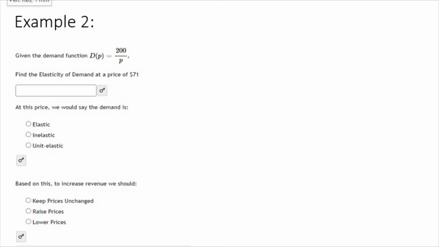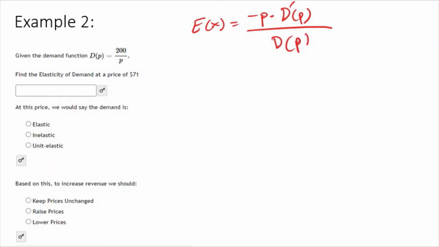So to find the elasticity of demand function, it is equal to negative x, or in this case negative p, times the derivative of the demand function divided by the demand function. Notice how I replaced all of the x's with p because that is the variable that I have here.